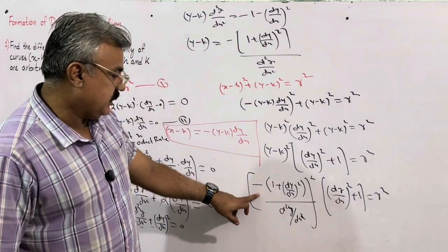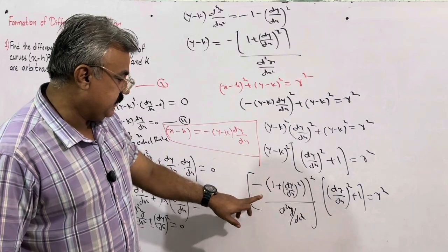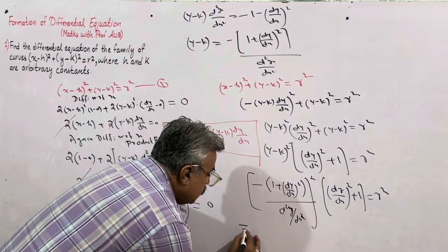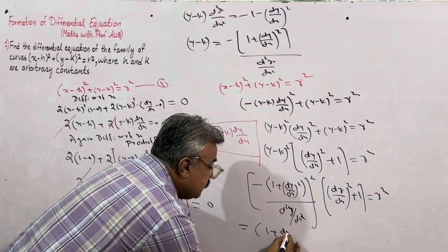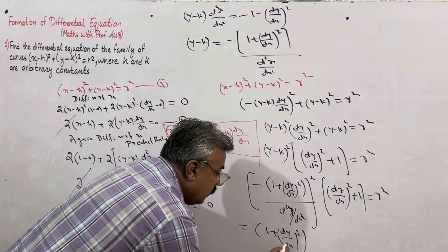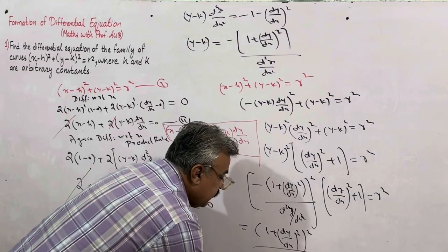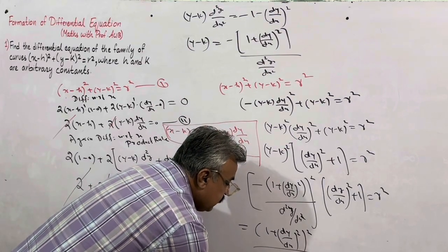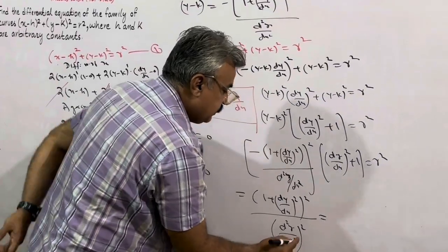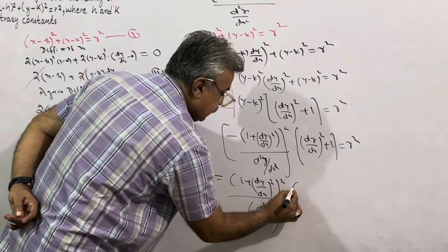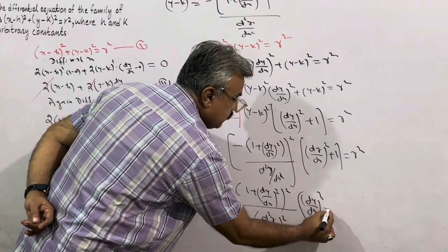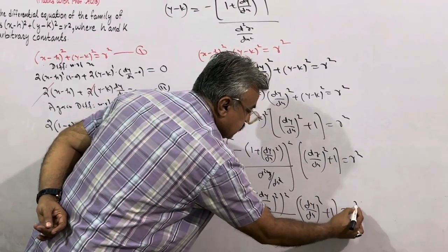This minus will be neutralized, this minus will be neutralized. I have something like 1 plus dy over dx squared whole squared divided by d square y upon dx square whole squared, times dy over dx squared plus 1 is equal to r squared.